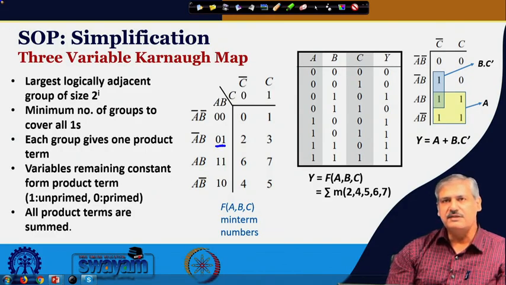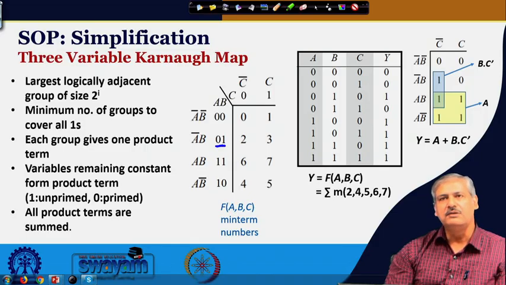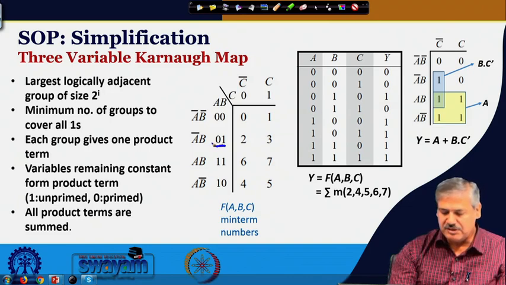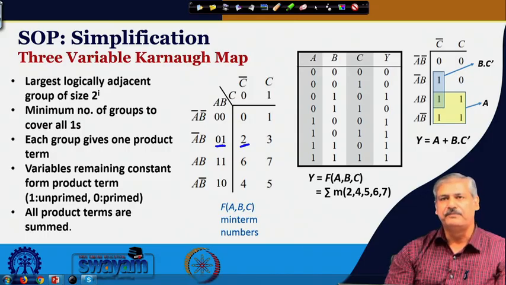By logical adjacency what we mean is that between two positions only one value will be changing, one of the a, b, c values. So, this particular position is 0 0 1, a bar, b bar, c. And here, this particular position is 0 1 0, next one is 1 1 0. So, only a is changing from a bar to a.